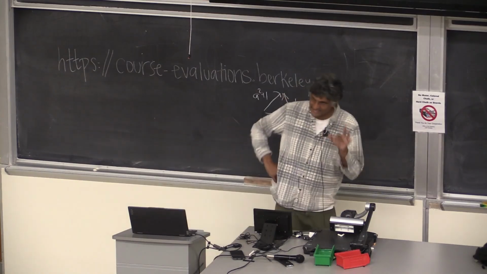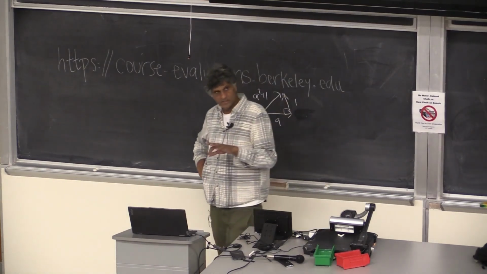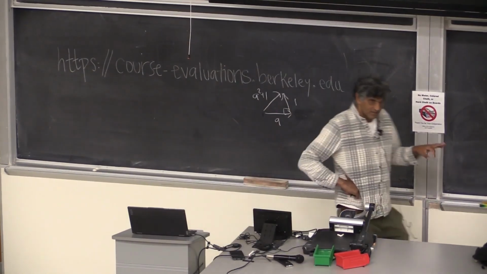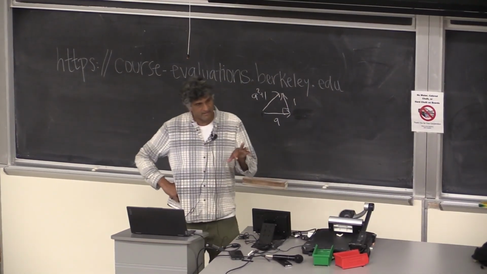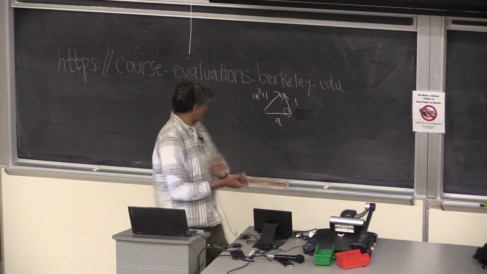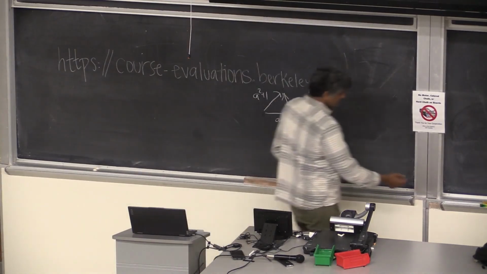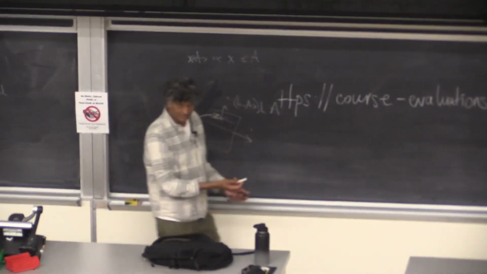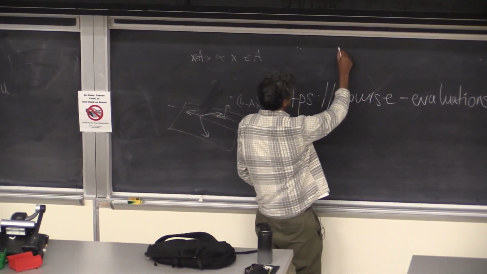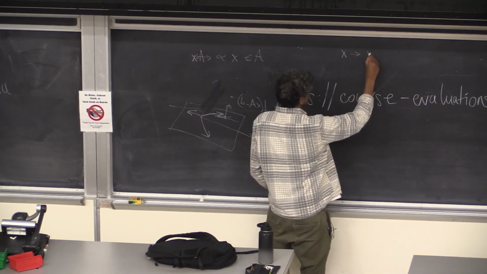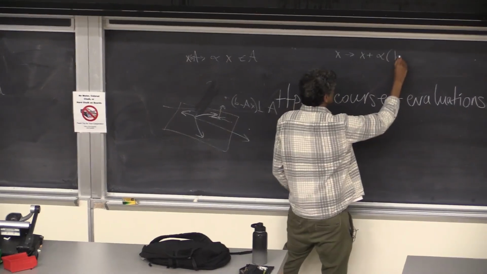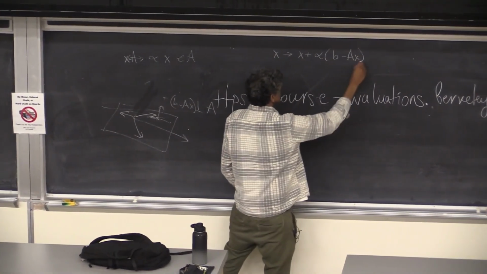I want to go back a little bit to this simple problem of linear equations, right? We said, look, Ax, let's do it again. One thing you can do is this residual algorithm, this obvious algorithm. If I have a point x, I set it to x plus alpha times (b minus Ax), right?